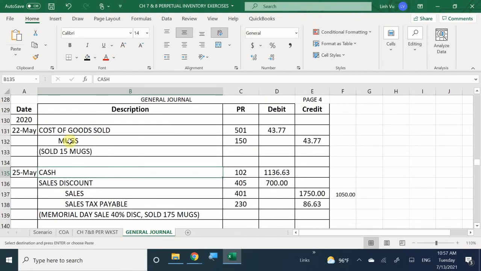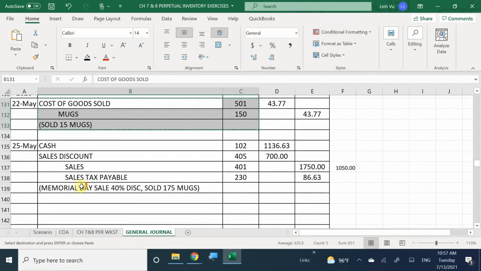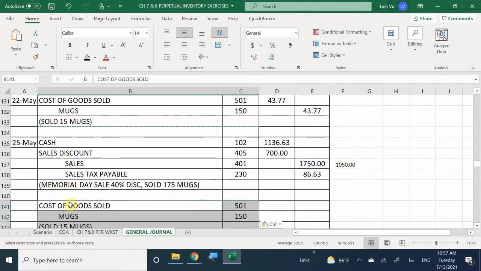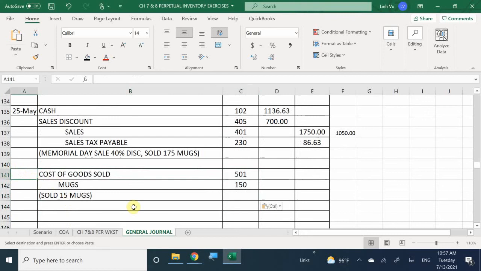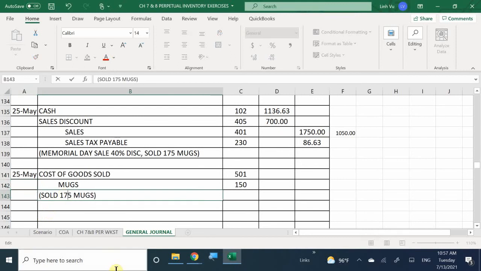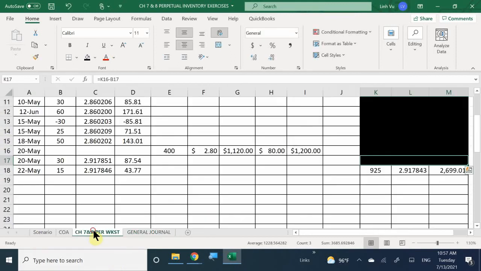I hit the wrong button. Okay, so it is 5:25 right now. So in this case, we sold 175 mugs. So inventory worksheet.